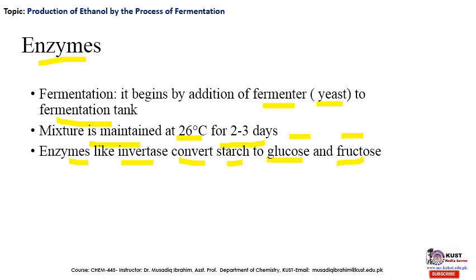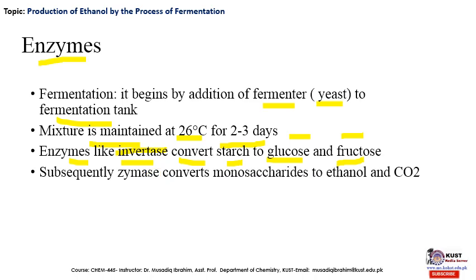Now you can see that the invertase has a very important role, converting the polysaccharides into monosaccharides of carbohydrate molecules, and subsequently the zymase enzyme acts on the fructose and glucose molecules and converts them to ethanol and carbon dioxide.